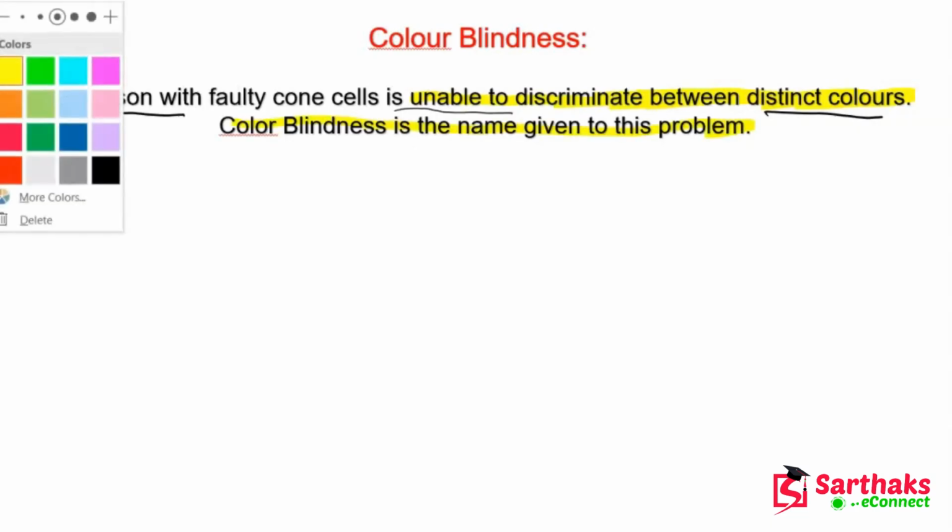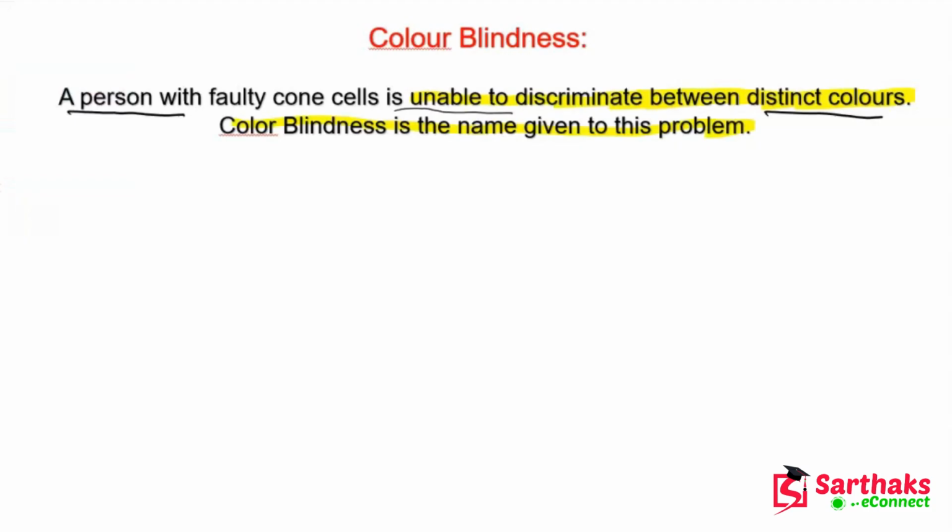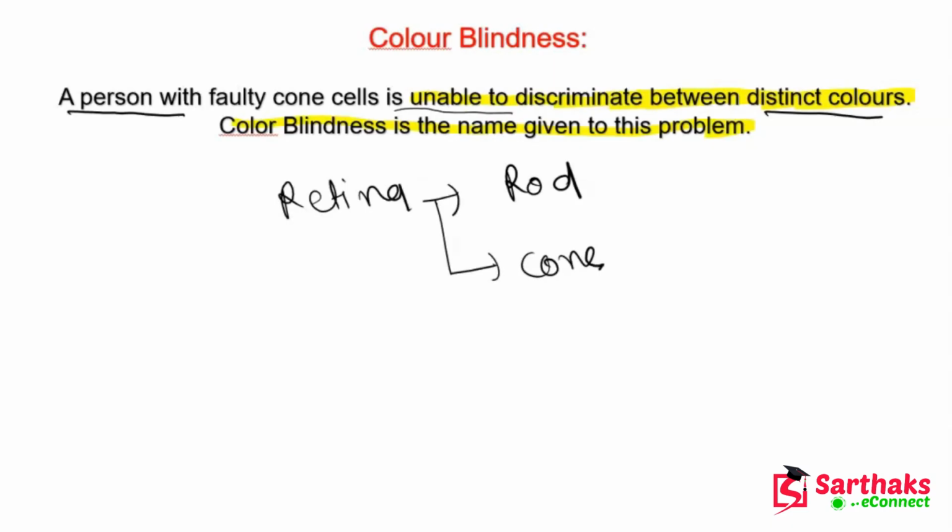Now, guys, let's talk about why it happens. We know that the retina is formed by two types of cells. The first one is rod cells and the second one is cone cells.